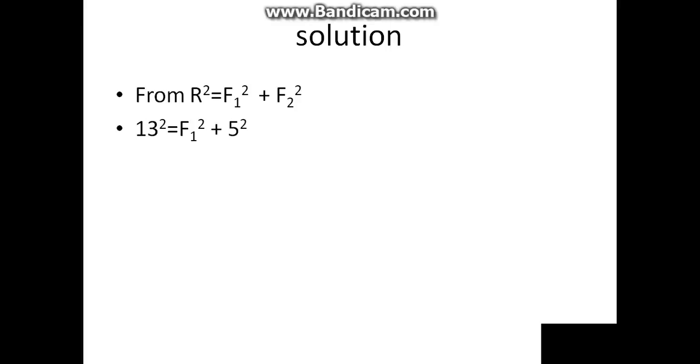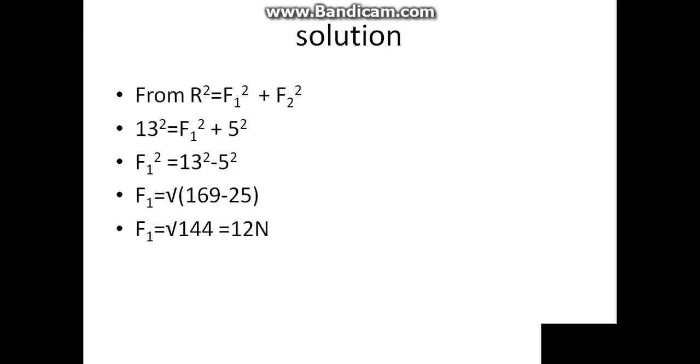Making the unknown the subject of the formula, we now have 13 squared minus 5 squared, which is the square root of 169 minus 25. It will now be the square root of 144, which will give us 12 Newton.